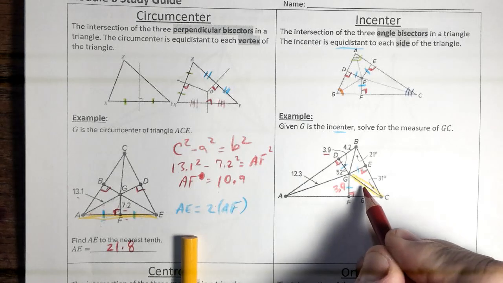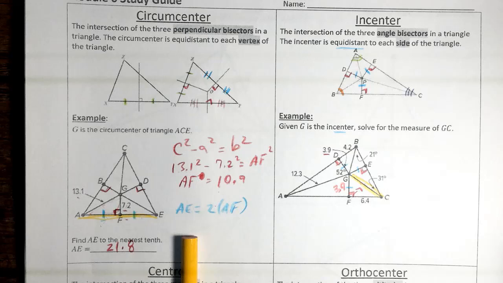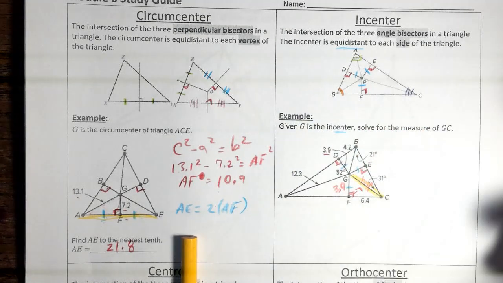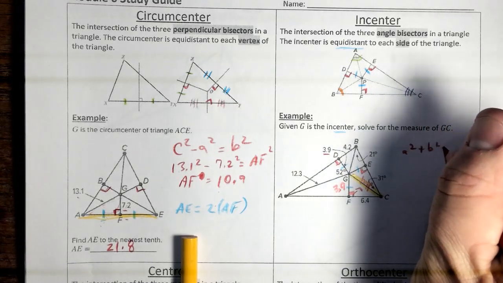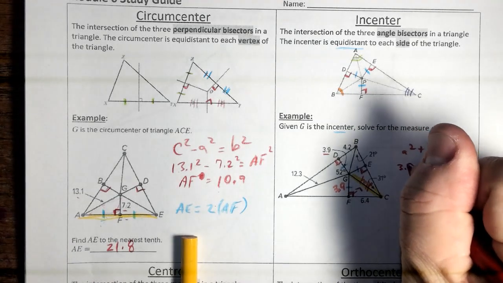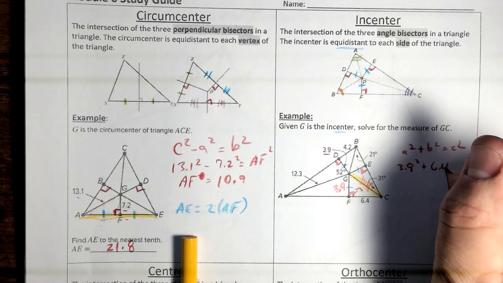So this is our C squared because it's directly across from that 90-degree angle. So that's the hypotenuse. A squared plus B squared equals C squared. The A is 3.9. The B is 6.4.